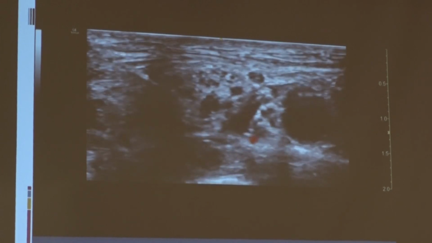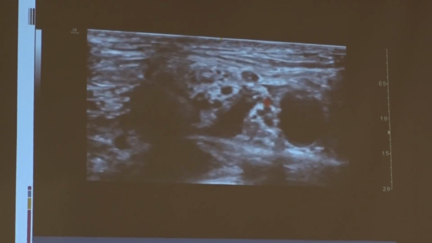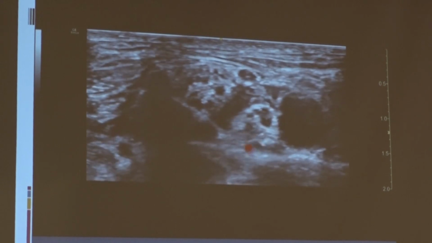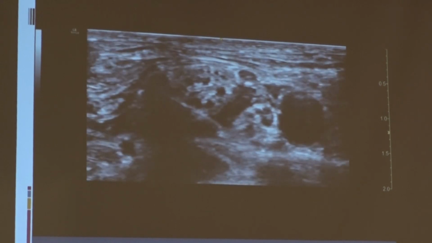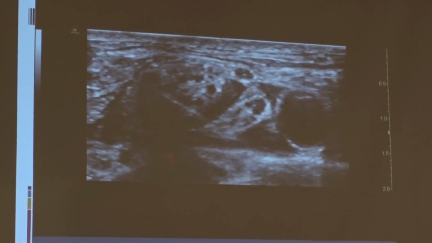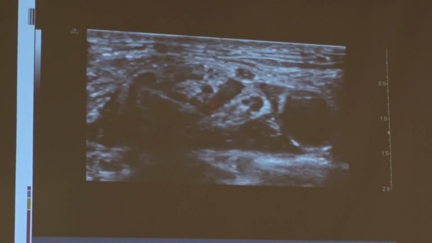Injecting the LA. So this is the LA. And you can see the inferior trunk was floated nicely.